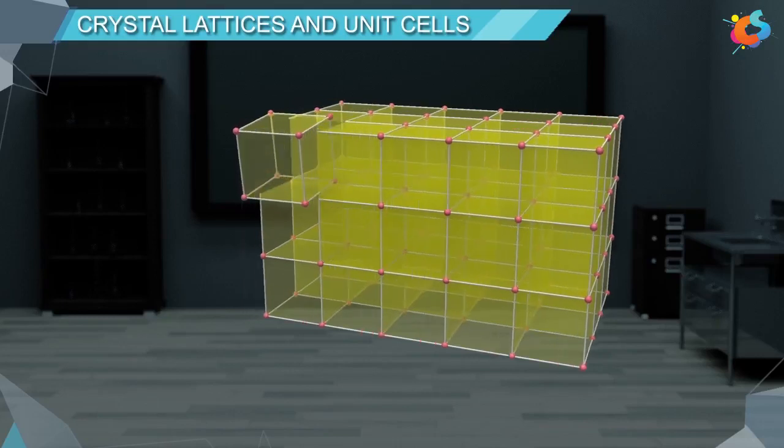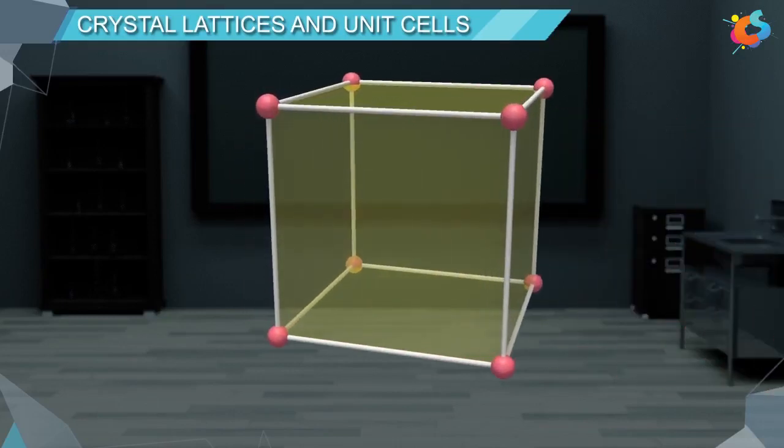A unit cell is represented by three edges A, B, and C along the X, Y, and Z axes. Please note that all these edges may or may not be mutually perpendicular to each other.